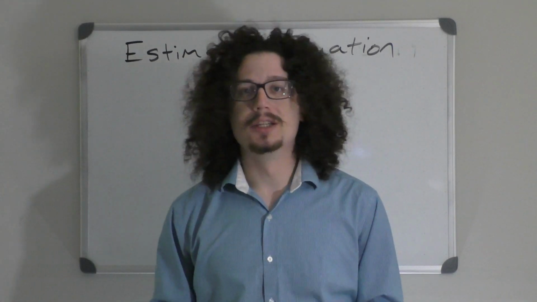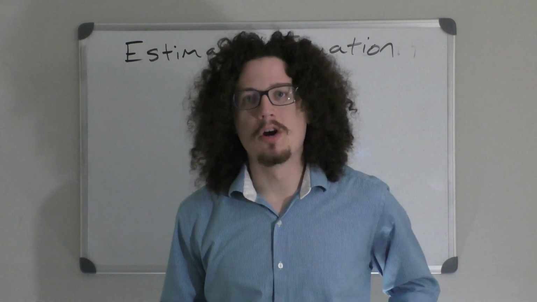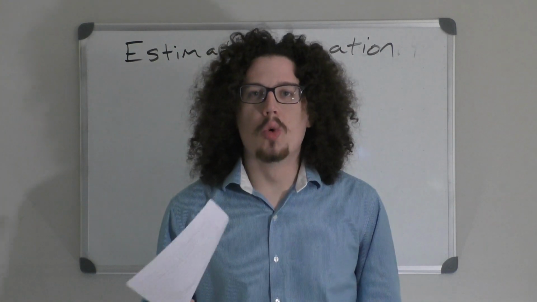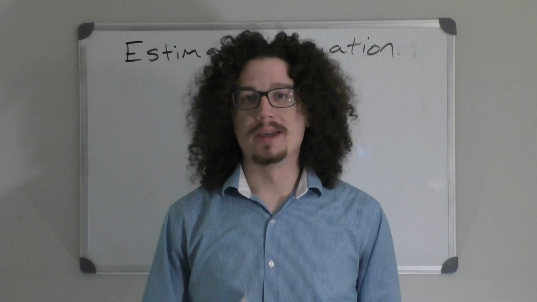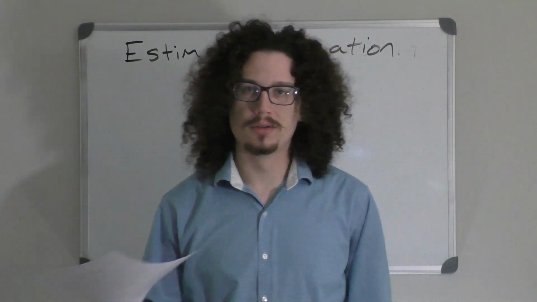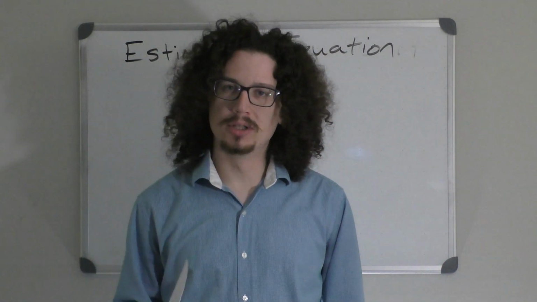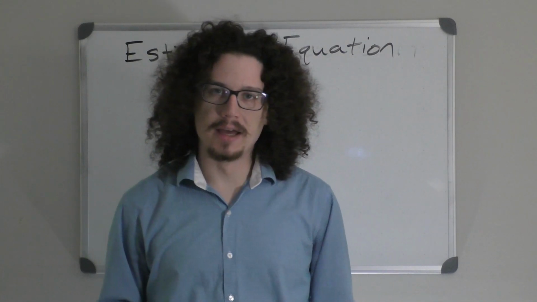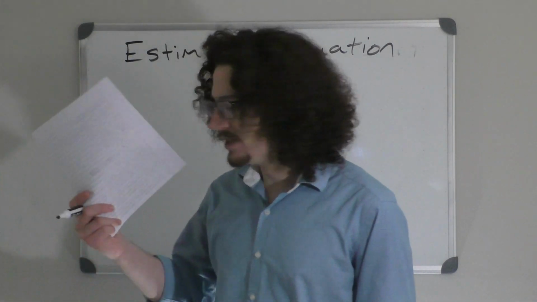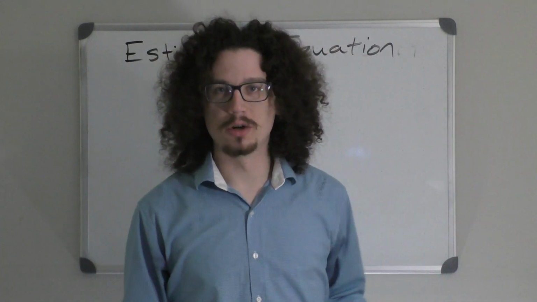And of course, since the model is for our population data, and population data is kind of hard to come by in a lot of cases, we're not going to be able to actually get those betas. We're not going to be able to get beta naught, beta 1, beta 2, and so forth. So we're going to estimate those betas. We're going to use sample data to estimate those, and that's going to give us the estimated regression equation.